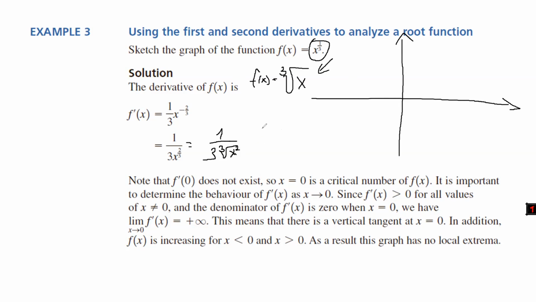Even though the first derivative does not exist at this point, the initial function is still defined at x equals 0. And it's going to be equal to 0, right? At x equals 0, our initial function that we're eventually going to sketch equals 0.